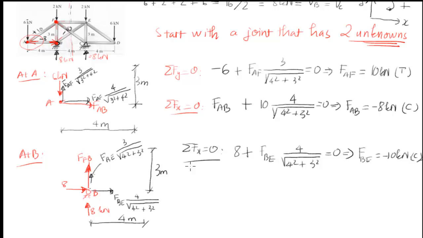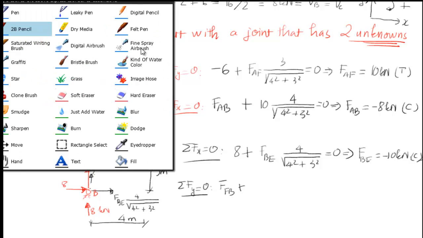Now you can solve for the rest by taking sigma Fy equals 0. You have FB going up, so positive FB. This one goes up as well, so positive FBE, which we already found is negative 10.